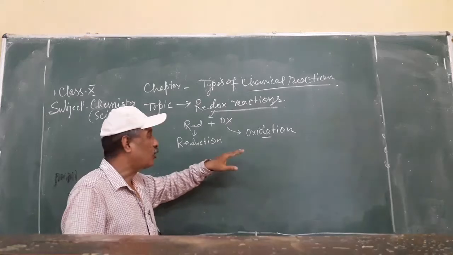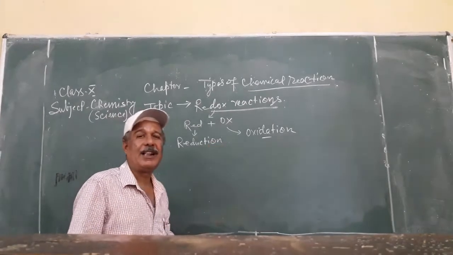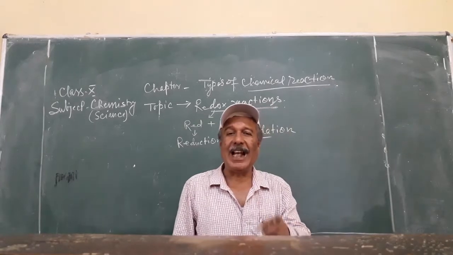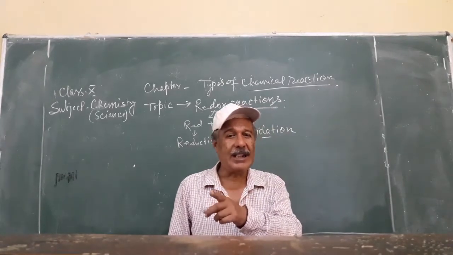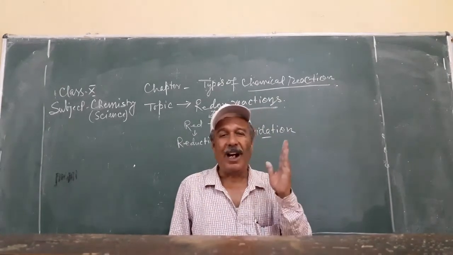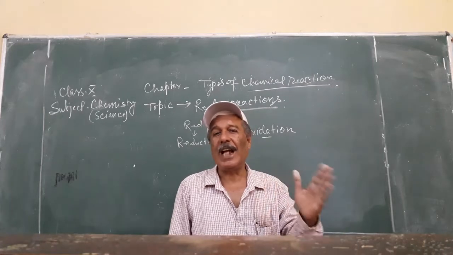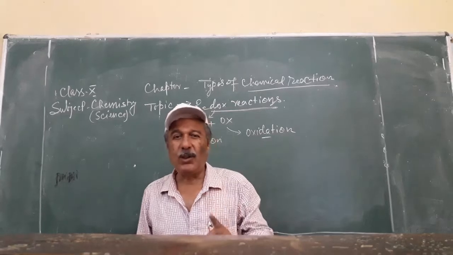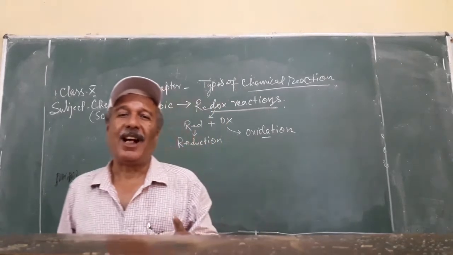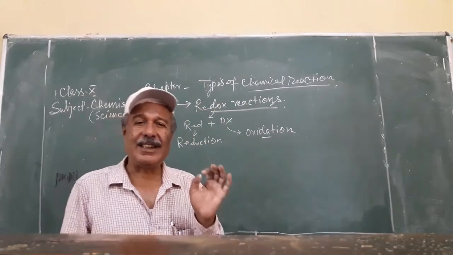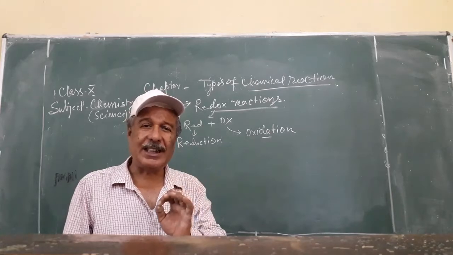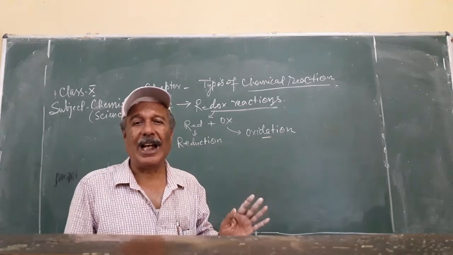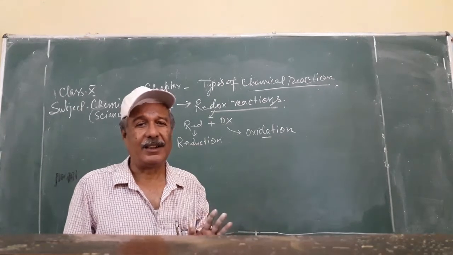So all those chemical reactions in which oxidation as well as reduction occur side by side are known as redox reaction. Once again, all those chemical reactions in chemistry in which there is oxidation as well as reduction taking place together are known as redox reaction.